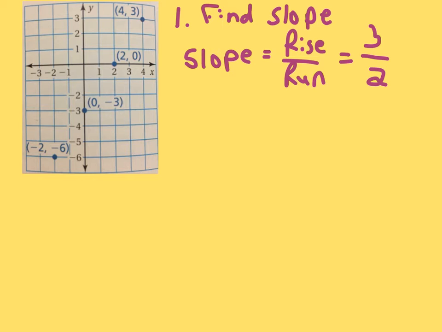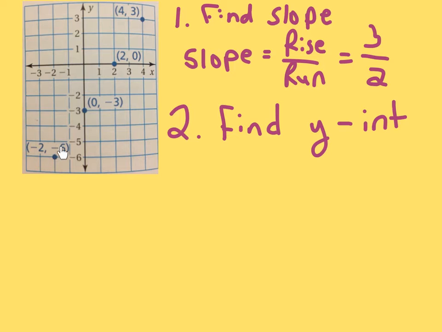The second thing that I have to do is find the y-intercept. Remember, the y-intercept is wherever that line crosses the y-axis. Here we have an imaginary line going through all these 4 points. And remember, the y-axis is the one that goes up and down.